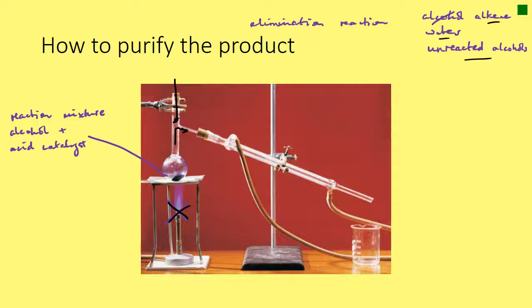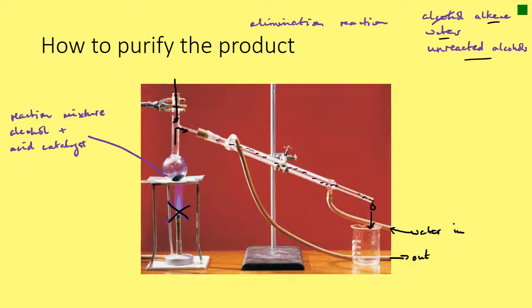You're going to put water in here, and water's going to come out the other tube. And by the time your alkene gets down the condensing jacket, it's going to condense into a liquid and drip out into your beaker or your conical flask.